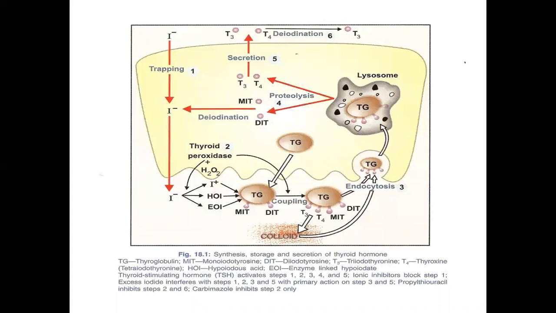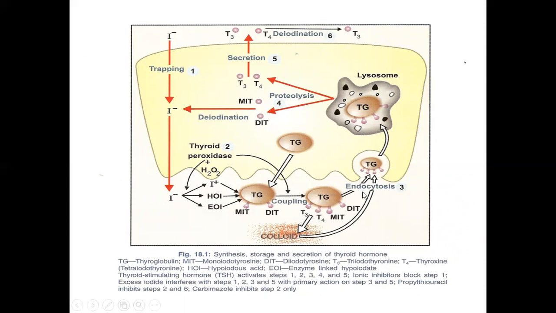As you can see in this picture, this is trapping, step 1, and then step 2. In step 1, the thyroid selectively traps the plasma iodine, and this iodine undergoes iodination, which is carried out by an enzyme called thyroid peroxidase, to form MIT as well as DIT.